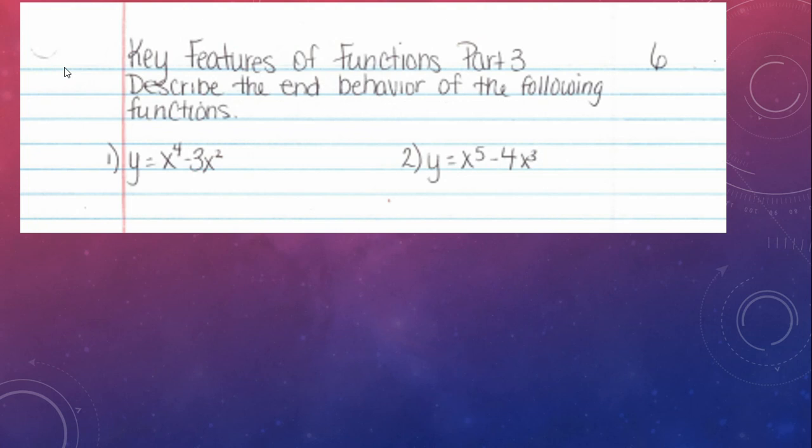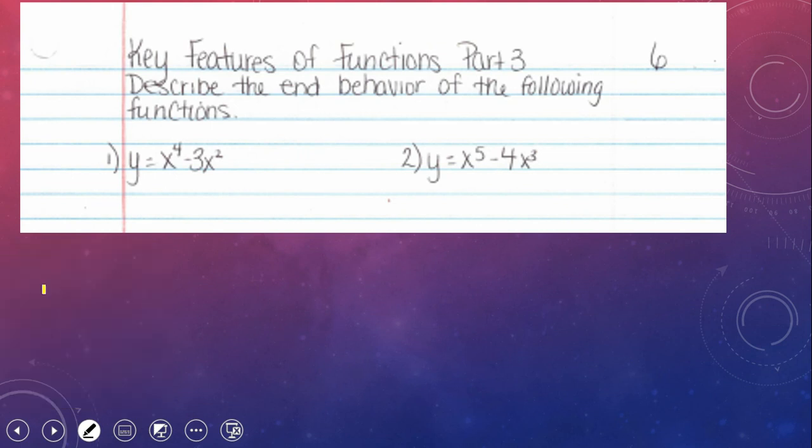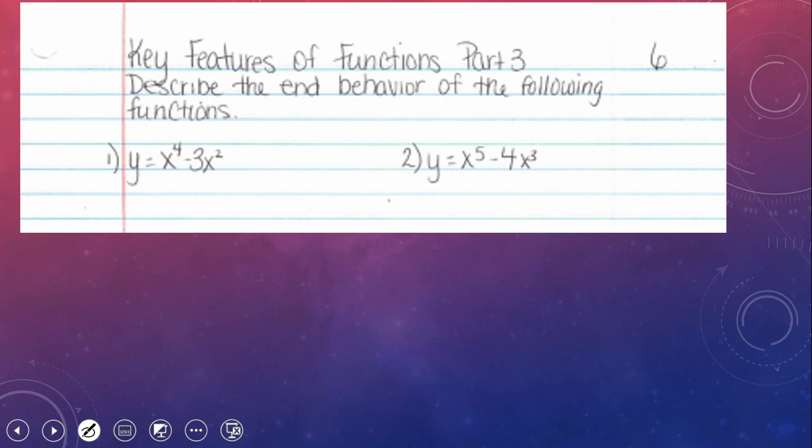Okay, so for number 1, it looks something like this. Looks kind of like a curvy W. So when I do end behavior, for the most part, we always talk about the left side first.